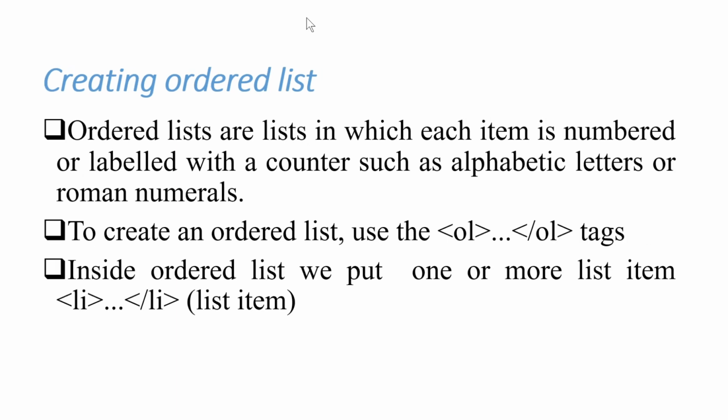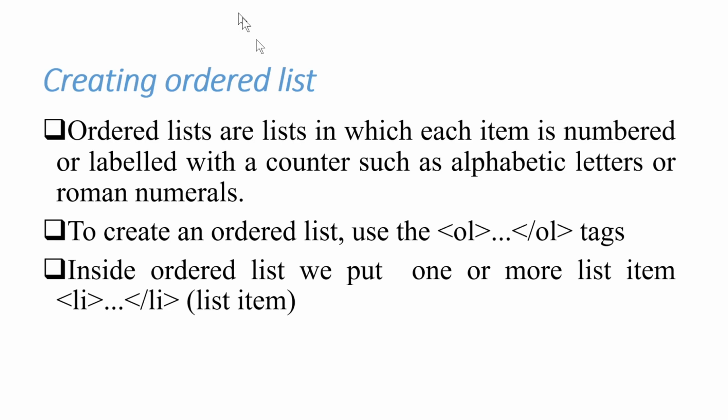Inside the ordered list, we must put one or more list items by using the open tag LI and the closing tag LI. That means list item. This is where we put the name of the list.